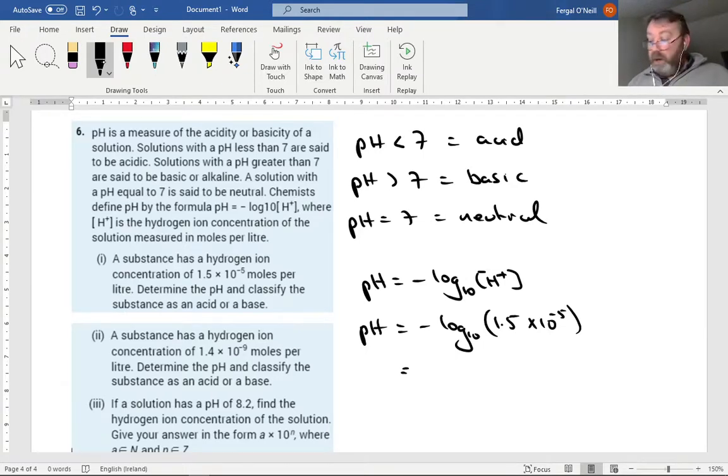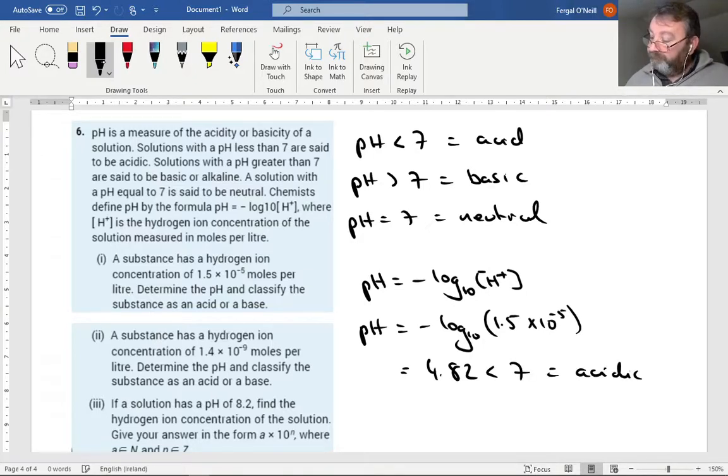So minus log of 1.5 by 10 to the power of minus 5, and that comes out as 4.82. And what does it say then? Determine the pH and classify the substance as an acid or a base. Well, it's less than 7, so therefore it's acidic.